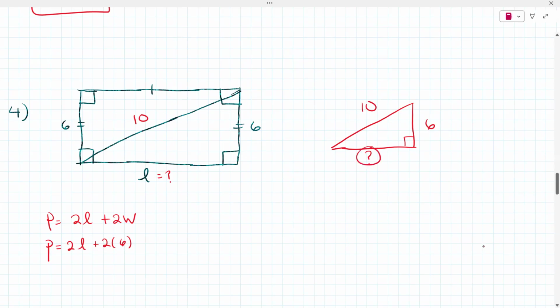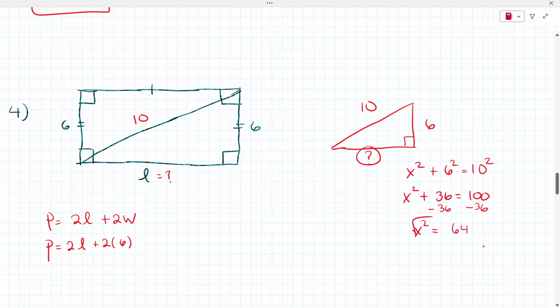So let's call this length x. x squared plus 6 squared equals 10 squared, right? So x squared plus 36 equals 100. Solve for x, so you subtract 36. x squared equals 100 minus 36, which is 64.